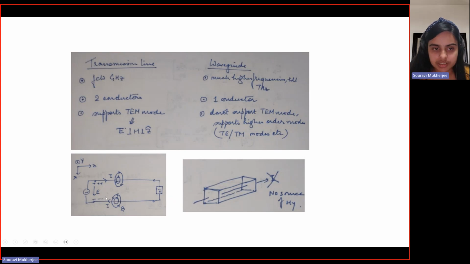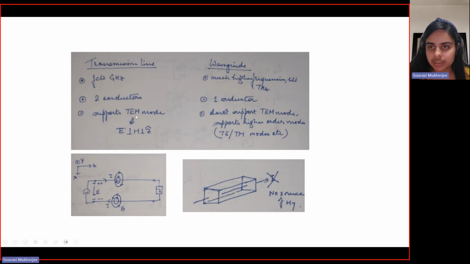And as you can see here, the electric field and the magnetic field associated with the signal are perpendicular to the direction of propagation of the signal. So that means transmission lines support TEM mode. What do we mean by TEM? TEM is transverse electric and magnetic fields.